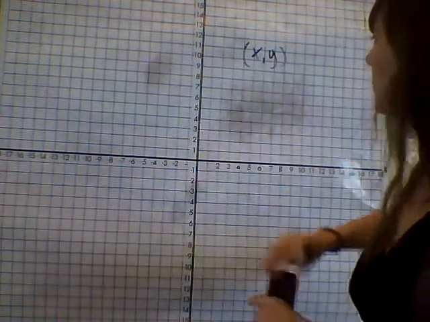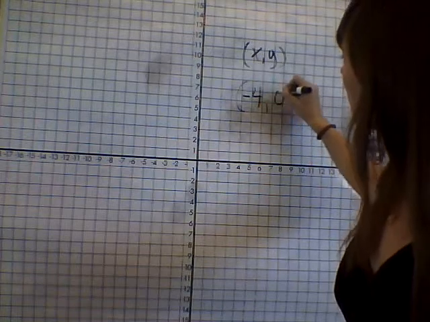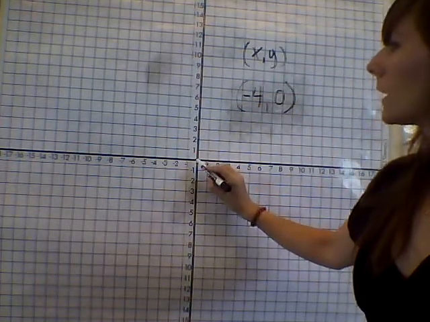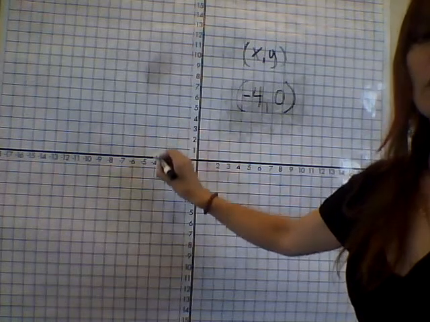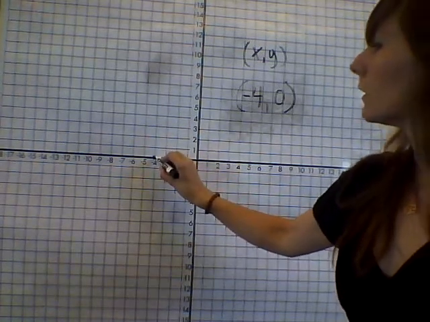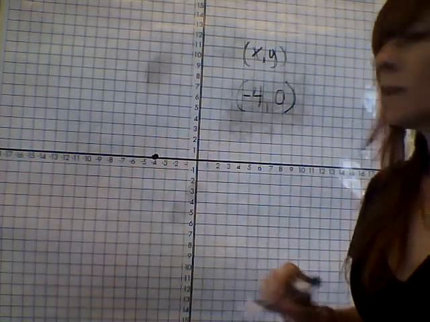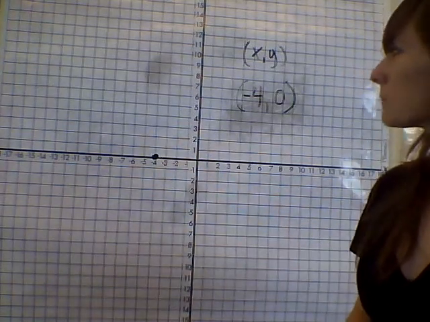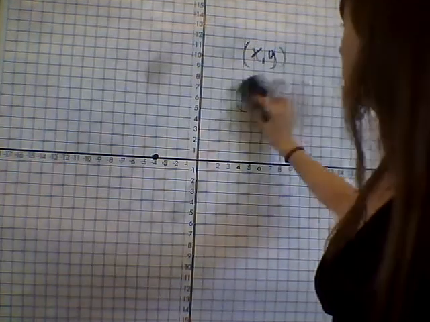Now conversely, if you had, say, a -4, 0, that's going to be -4 on the x, but 0 on the y. So it doesn't go up or down on the y-axis at all. I'm going to put a point right there, that's called graphing that coordinate, at the -4. So it's -4 on the x, 0 on the y.